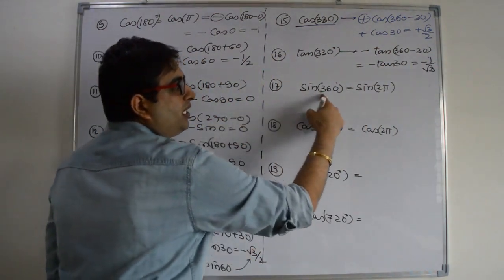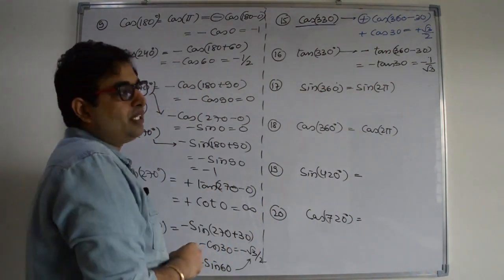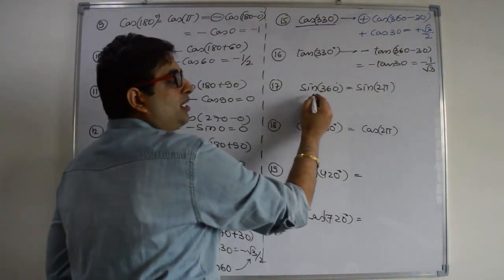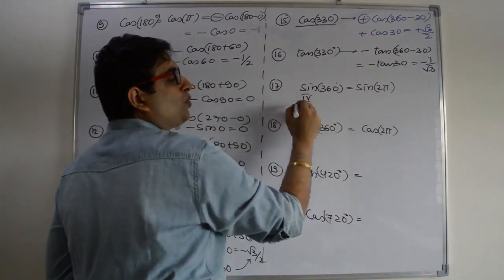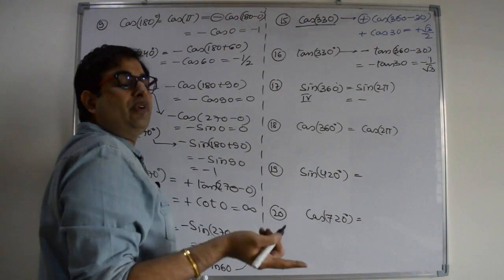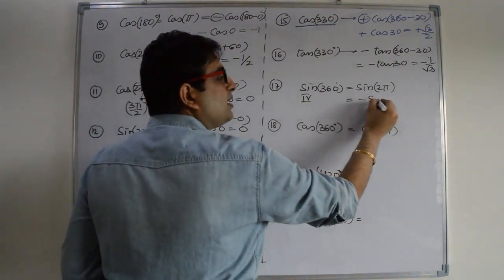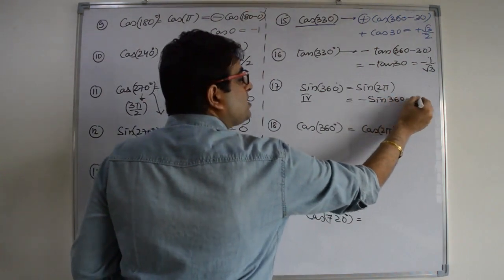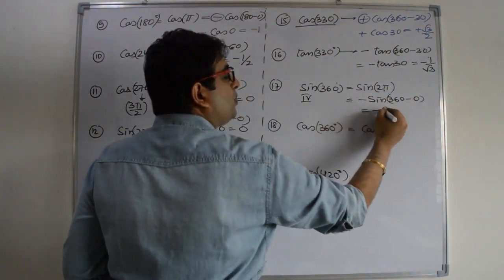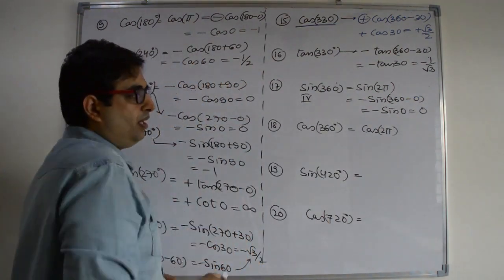Sine 360 degree is 2 pi. I told you pi is 180 degree, 2 pi is 360 degree. Right? So 360 degree is in the fourth quadrant. In the fourth quadrant sine is negative, only cos and the inverse of cos, sec theta, are positive. So it is minus sine of 360 minus 0, that is equal to minus sine 0, that is also 0.